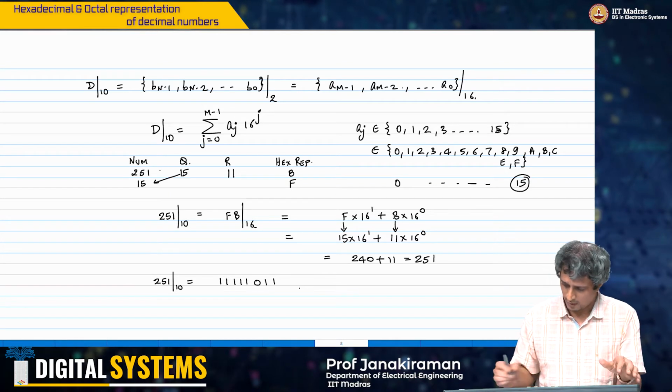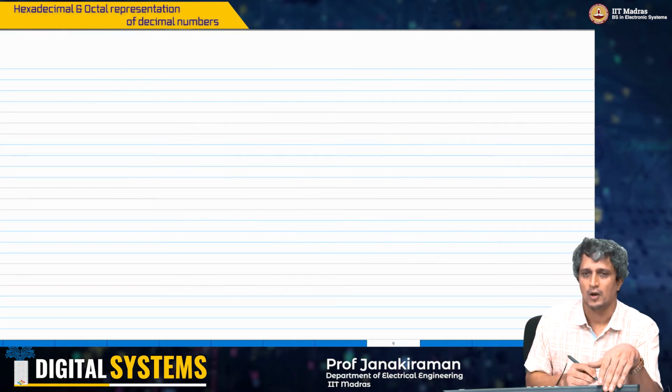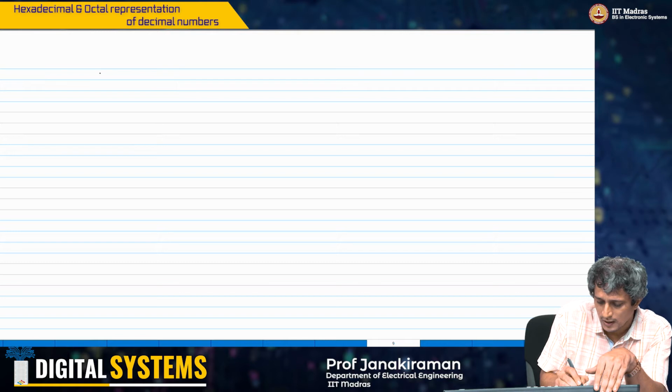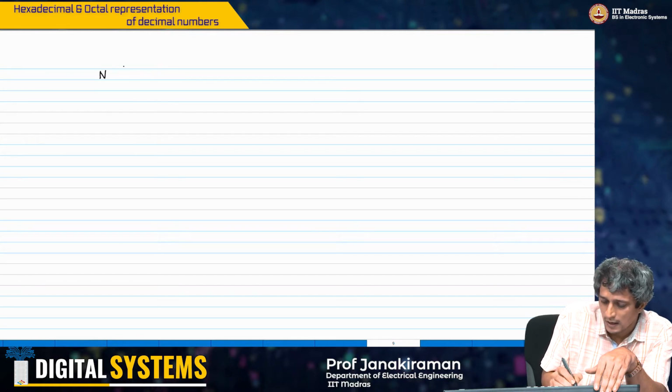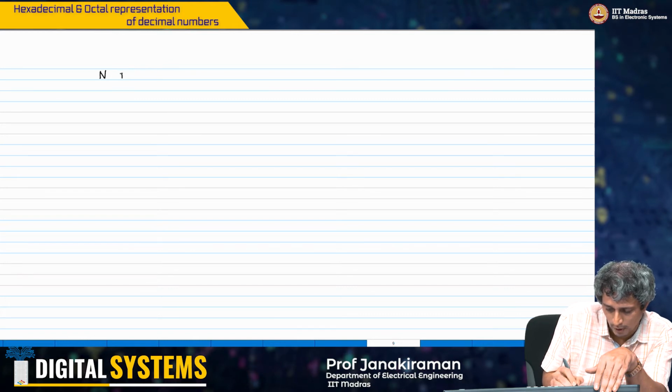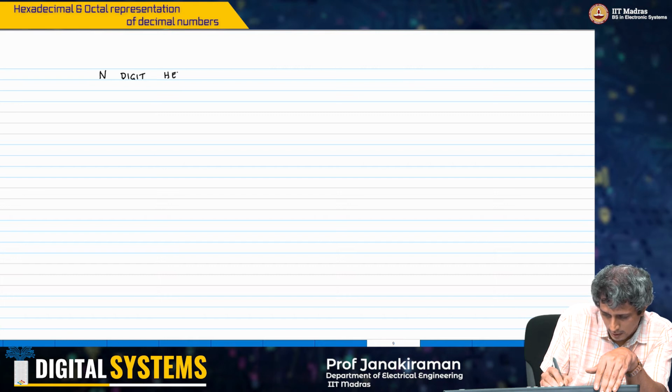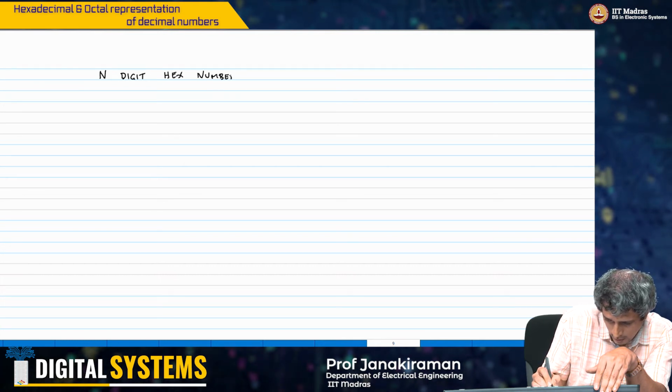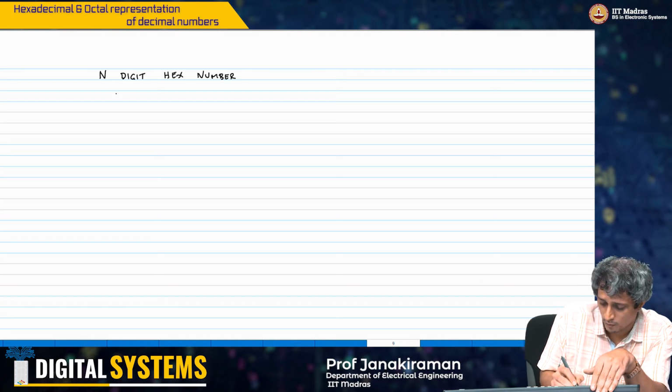So therefore, we could now do the same thing. Okay, suppose I have an n digit hexadecimal number, right? So what does this mean?